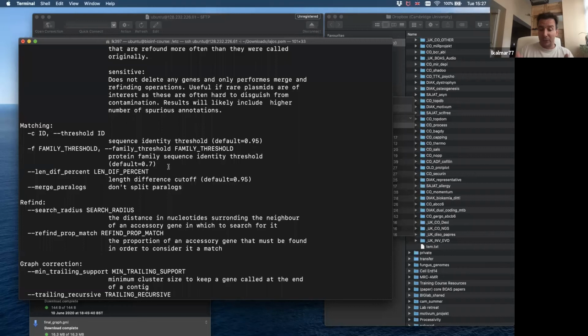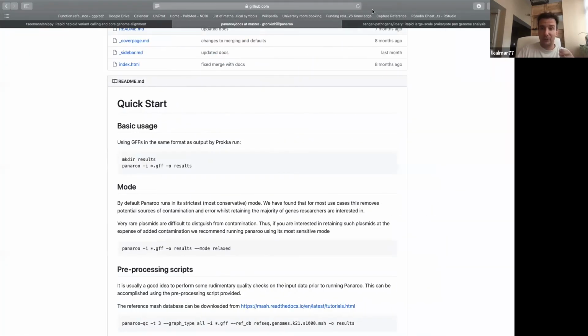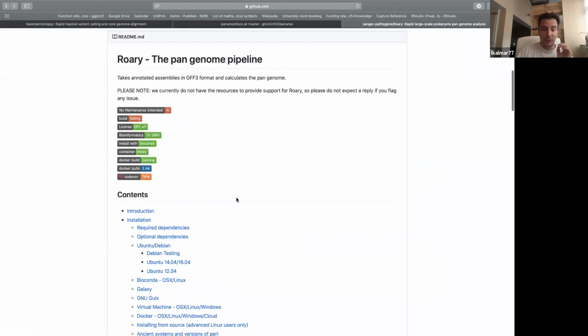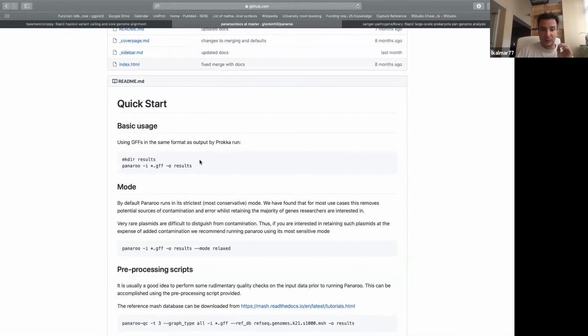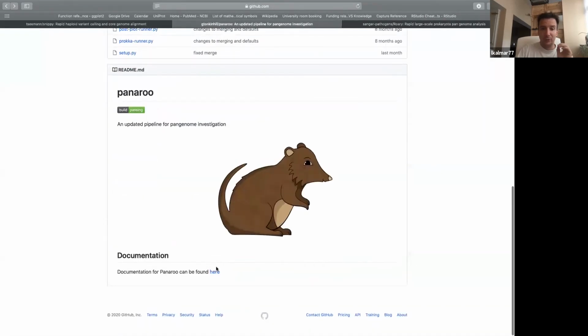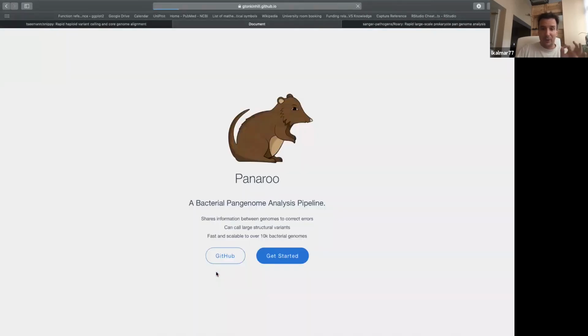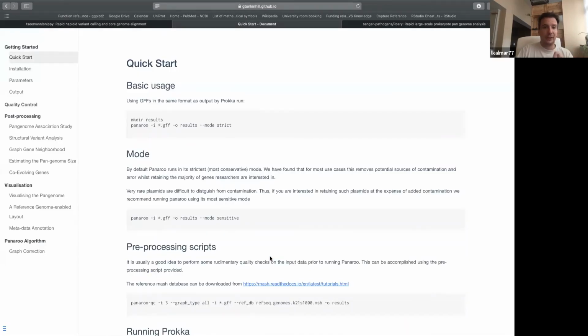And then the only thing you need, as it's written in this documentation, not this one, sorry, I'm trying to go to the main documentation, get started here in this one. So you only need the GFF files.